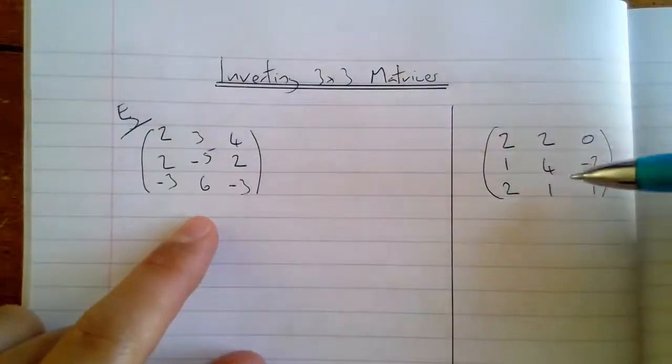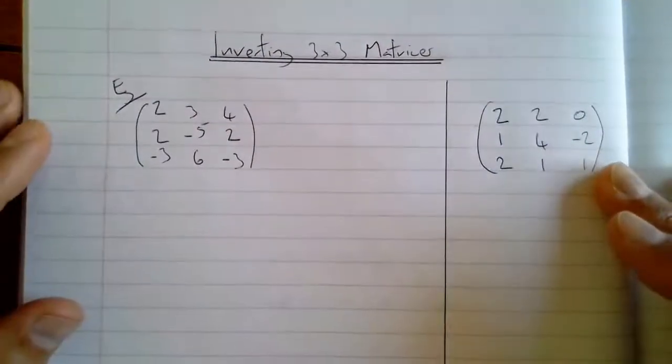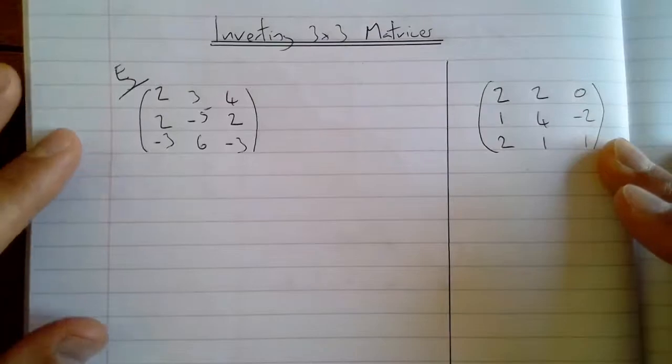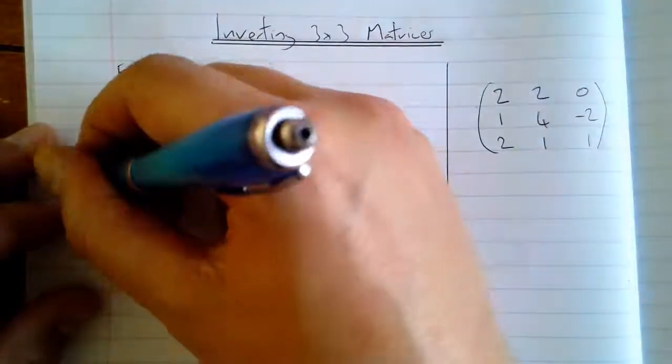Why don't you try that stage on this one, just to make sure you know what you're doing as we go. Okay, so the first thing you need to do is try and find the determinant of the matrix.